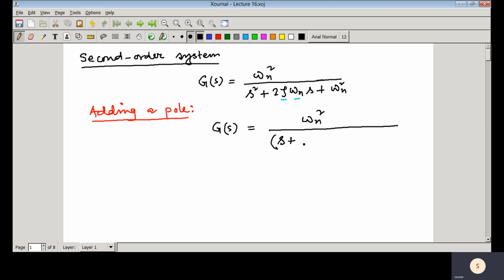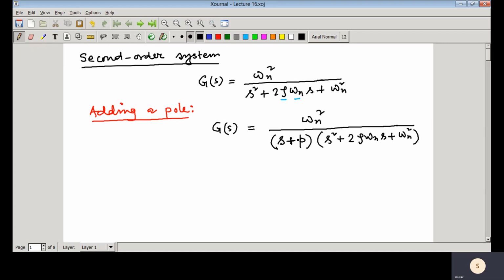Suppose the pole is at minus p. It is a real pole, and we have the transfer function with s squared plus twice zeta omega n s plus omega n squared.